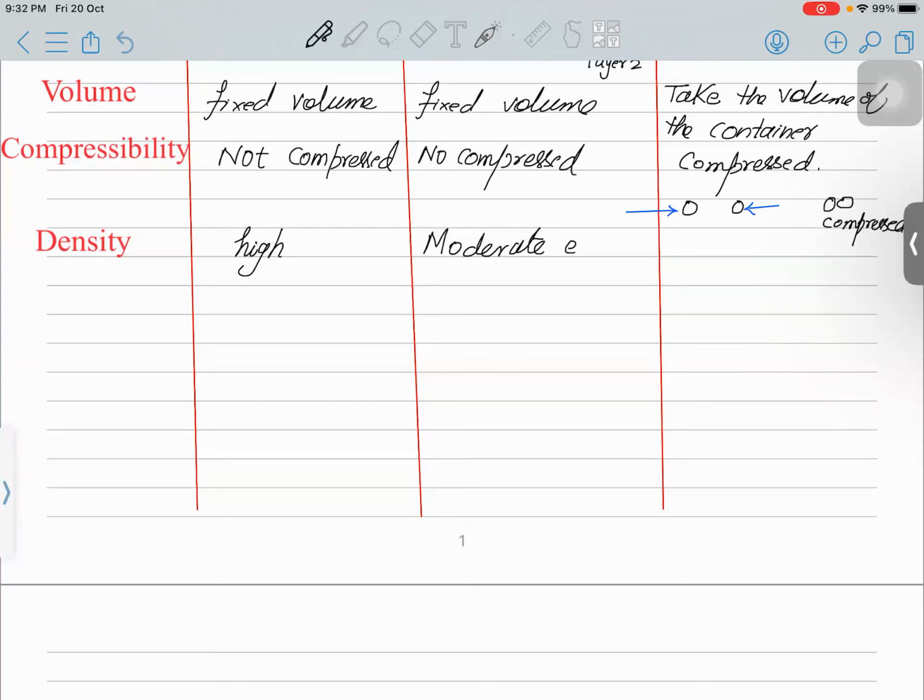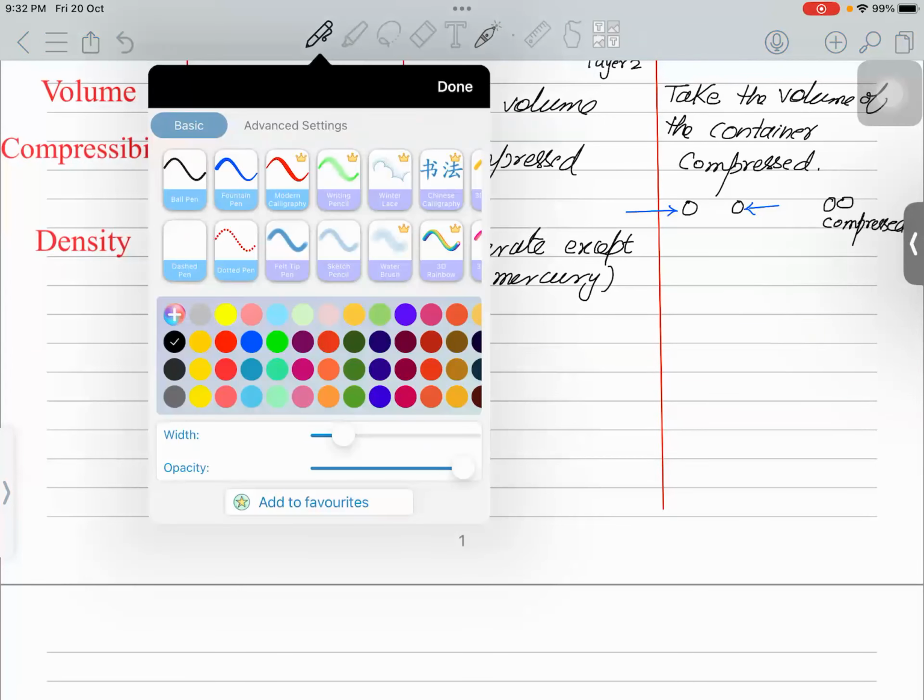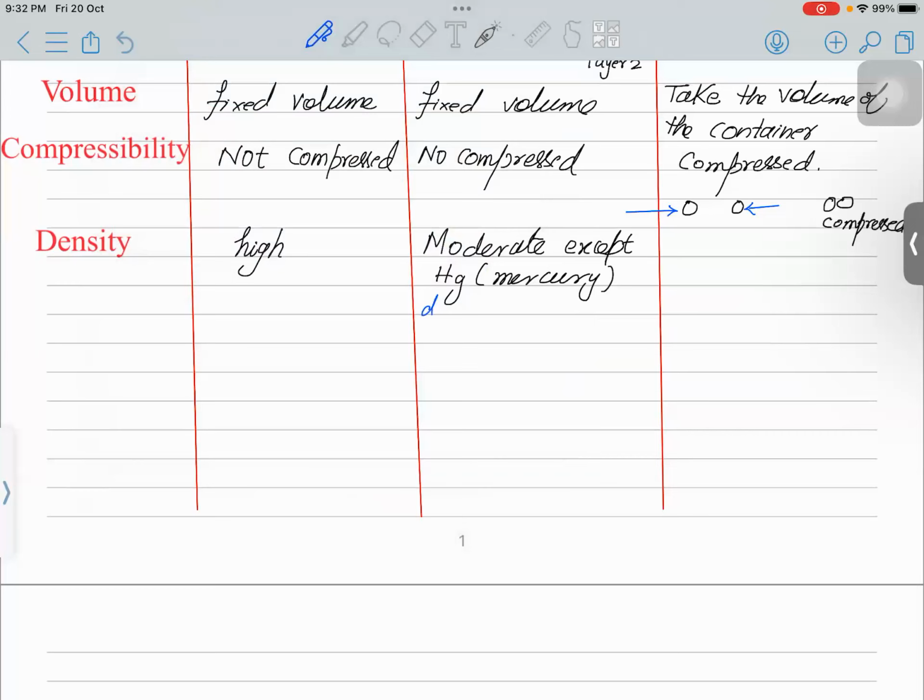So except mercury, liquids have moderate density. Let's suppose the density of water is 1 gram per ml, and the density of mercury is 13.5 gram per ml. So mercury has high density.